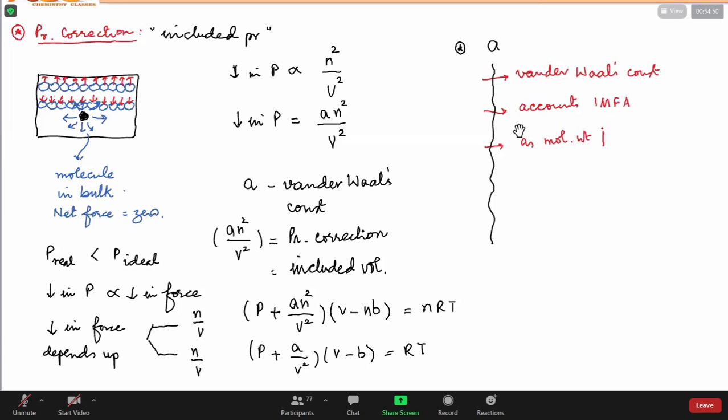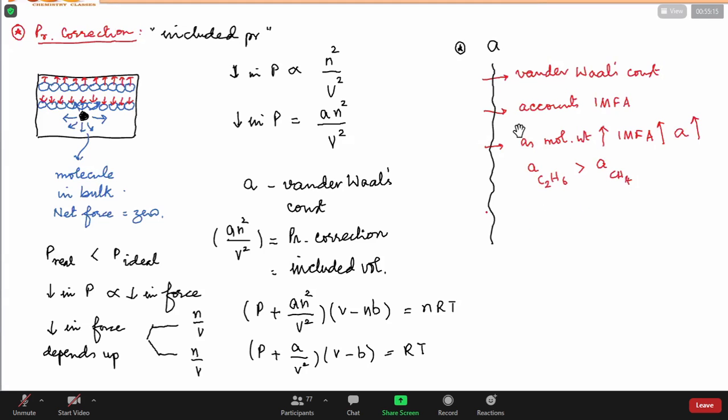Intermolecular force of attraction also increases. If intermolecular force of attraction increases, what happens? A value increases, right? Therefore A is more for heavier systems. A for ethane should be more than A for methane. Very good. Next, A for helium more than A for hydrogen.